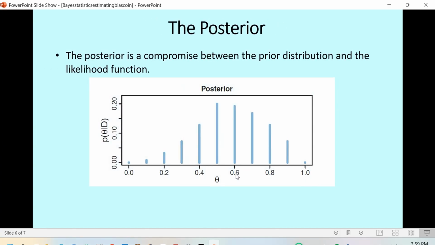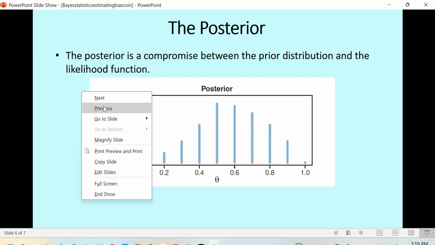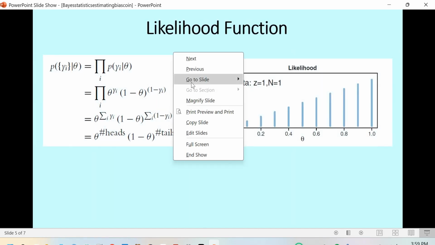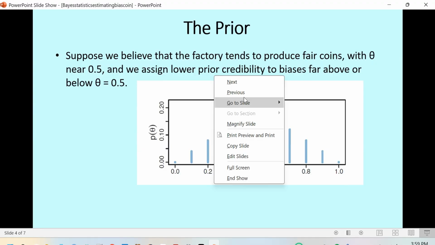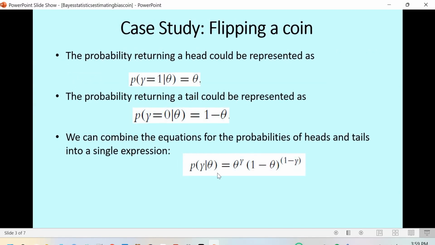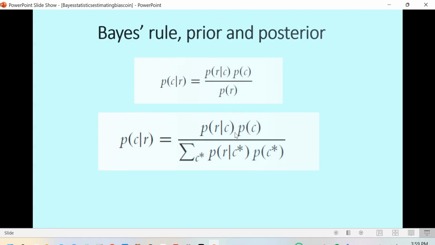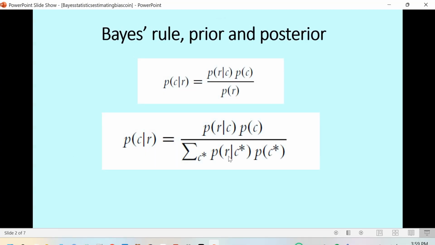So, combining prior and likelihood, we multiply them together for each theta and divide by the evidence. Evidence is the summation of all the products between prior and likelihood. For each value, here theta is 0.1, 0.2, 0.5, 0.9, and so on, we multiply each theta by the likelihood, right?